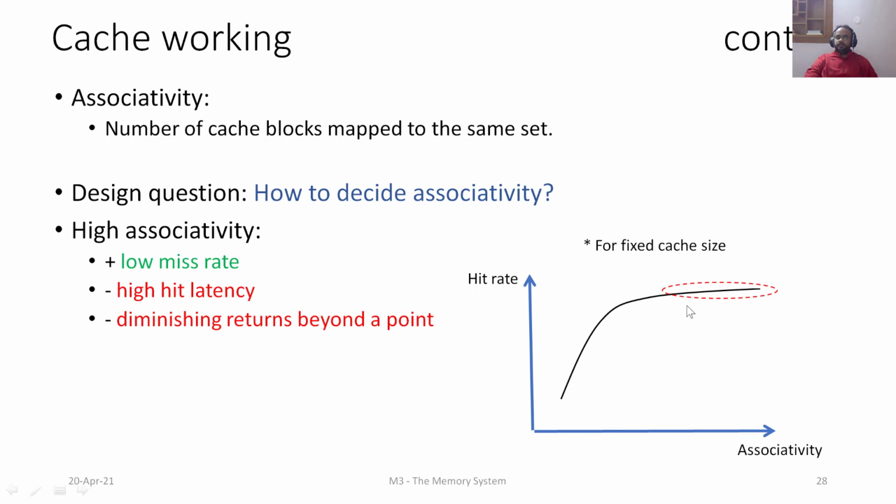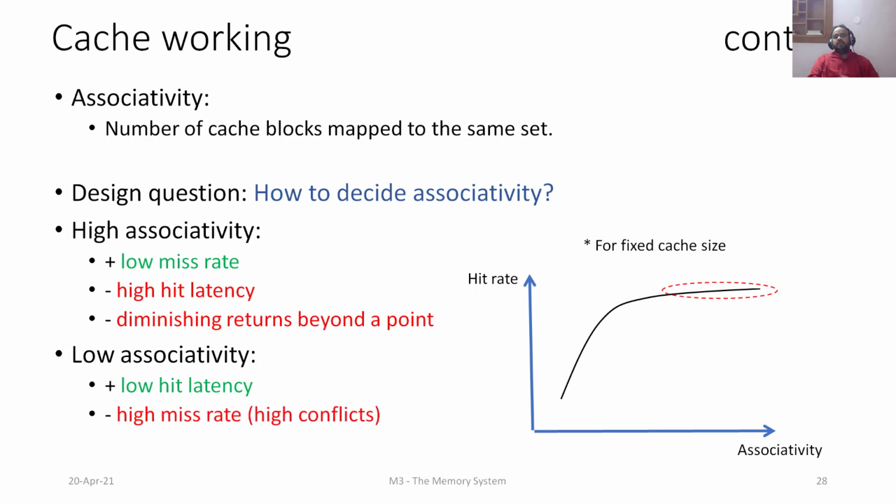So we can assume that at some point even before the fully associative cache, we can achieve more or less the same hit rate. If we decide on having a low associative cache, the major gain would be low hit latency, but the miss rate would be high because of high conflicts.